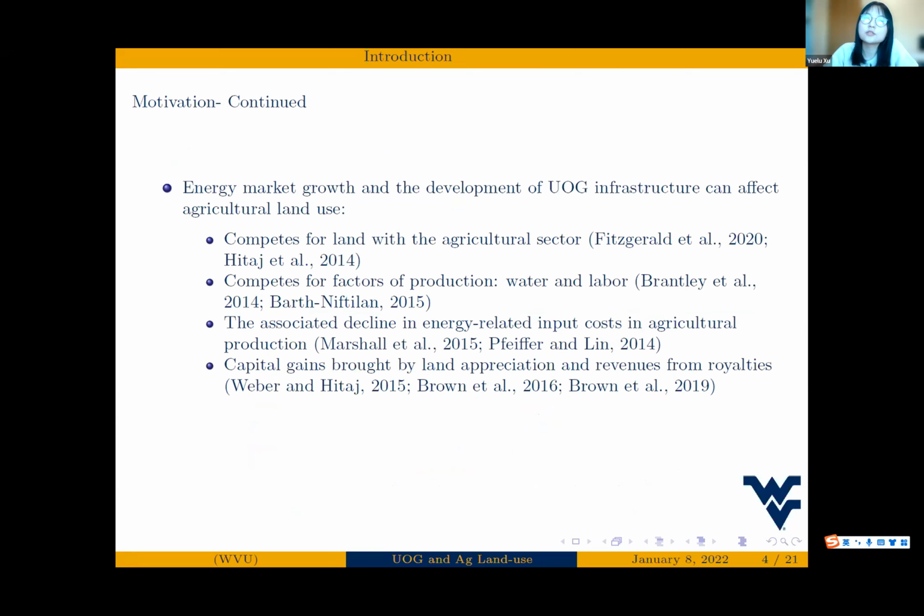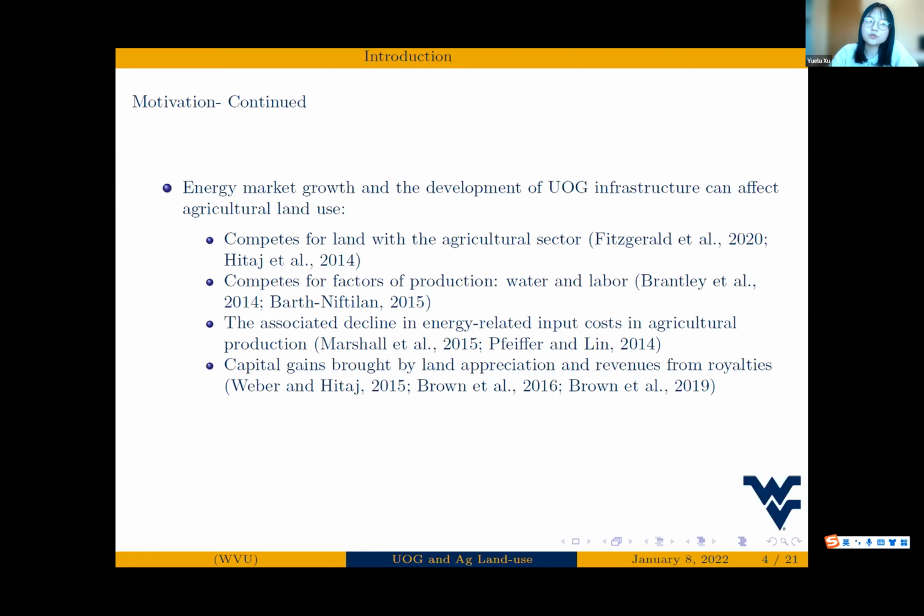First, UOG development competes for land with the agricultural sector. The development of UOG may displace agricultural land because developing a new site for drilling requires corresponding infrastructure, such as new roads for access, well paths for drilling, and pipelines for shipment.